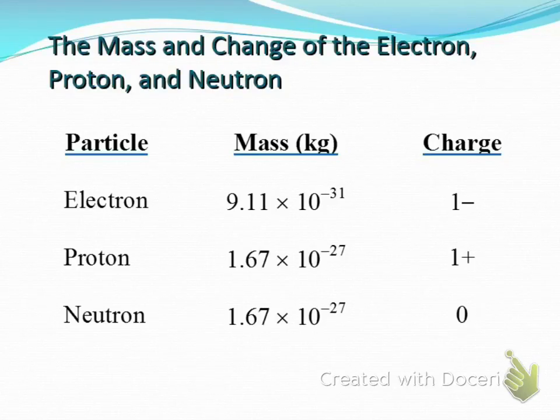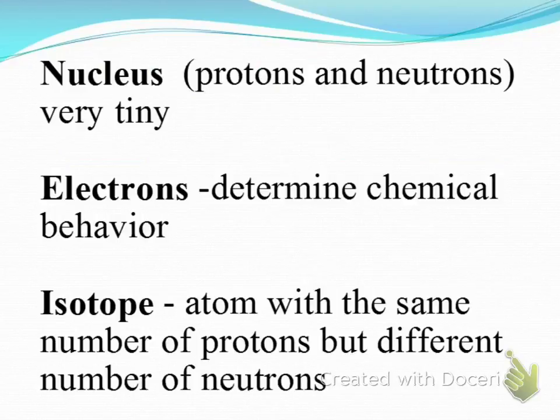Modern view, these are your subatomic particles. You already know their charges. Hopefully you remember that the proton and the neutron weigh just about the same, and they are much, much heavier. I know it seems funny when they're at negative 27 and negative 31, but they are much heavier than the electrons. Most of the mass is in the nucleus. Most of the volume is in the electron cloud.